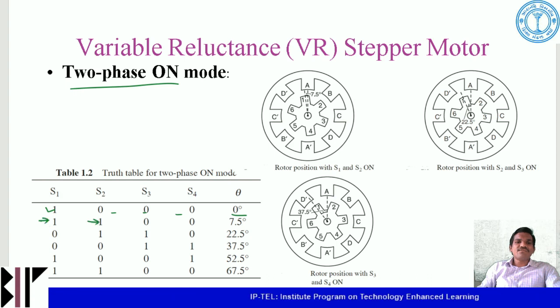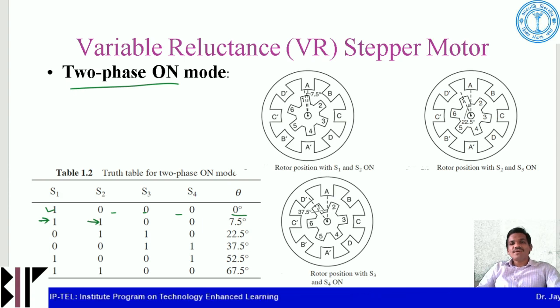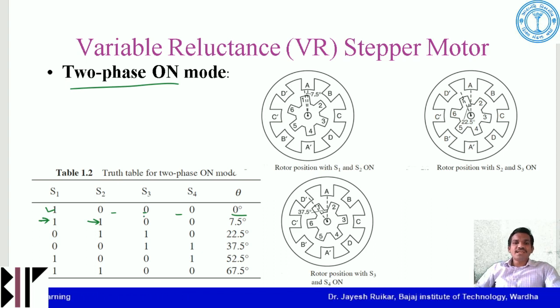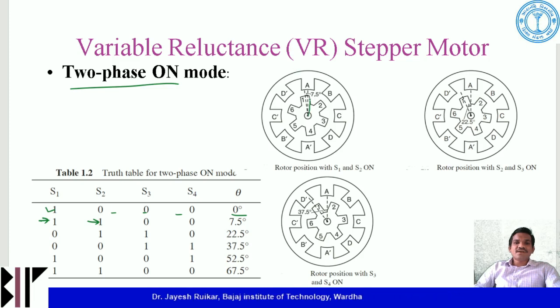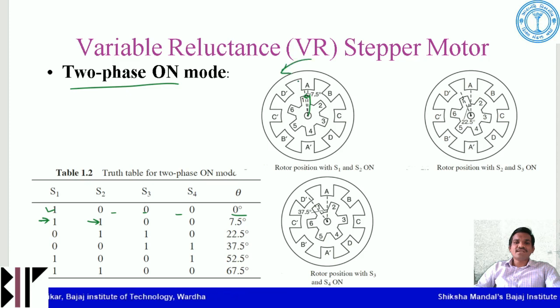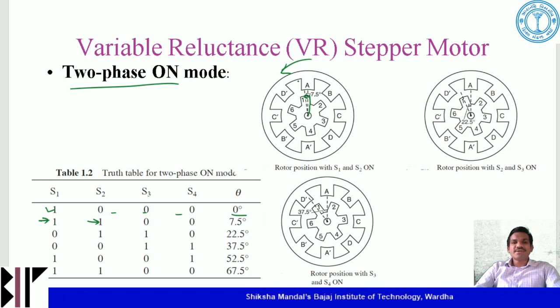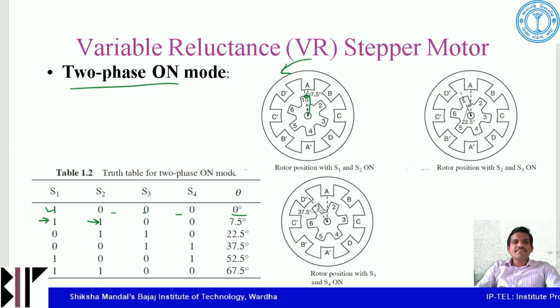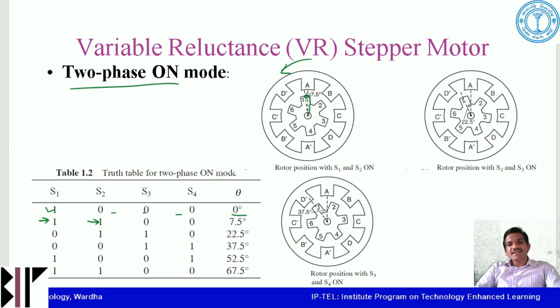In this condition your rotor tries to move in the anti-clockwise direction and will occupy some position, which is shown in this figure. It will move to where there is minimum reluctance. But what happens when the stator poles A and A dash are magnetized?